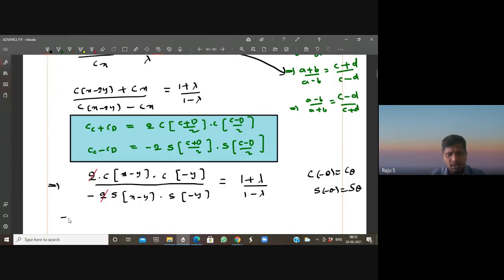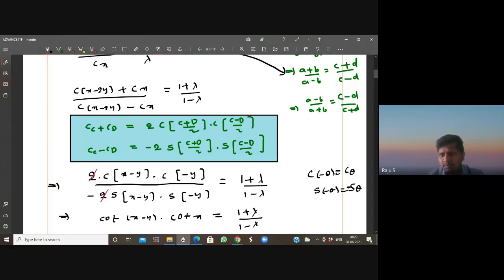So cos by sine gives cot(x − y) into cot y, because cos of minus theta is plus cos theta but sine of minus theta is minus sine theta. So this is equal to (1 plus lambda) by (1 minus lambda).